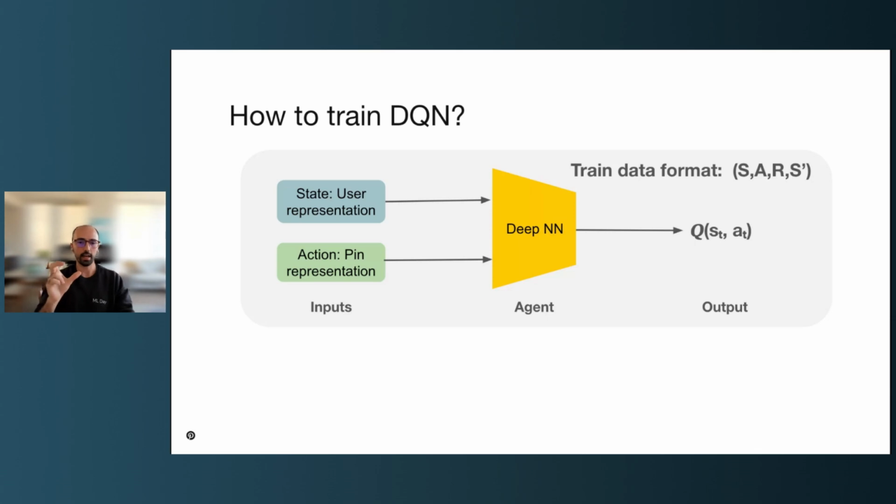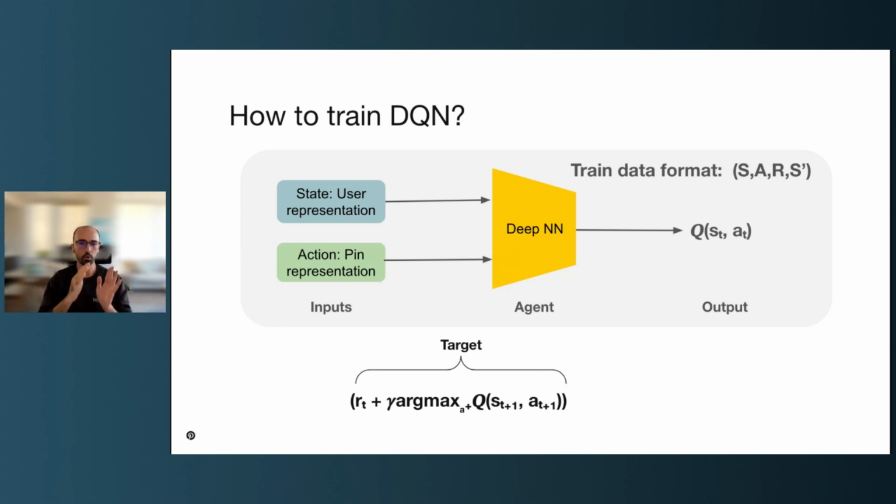And that is how we will be computing the target. So what is the target Q value that we are trying to optimize the model towards? That target is important to compute the loss. DQN computes the target by adding the direct reward from that experience that we have. So given a user state and action, we use that direct reward plus an estimate of the value of the next state.